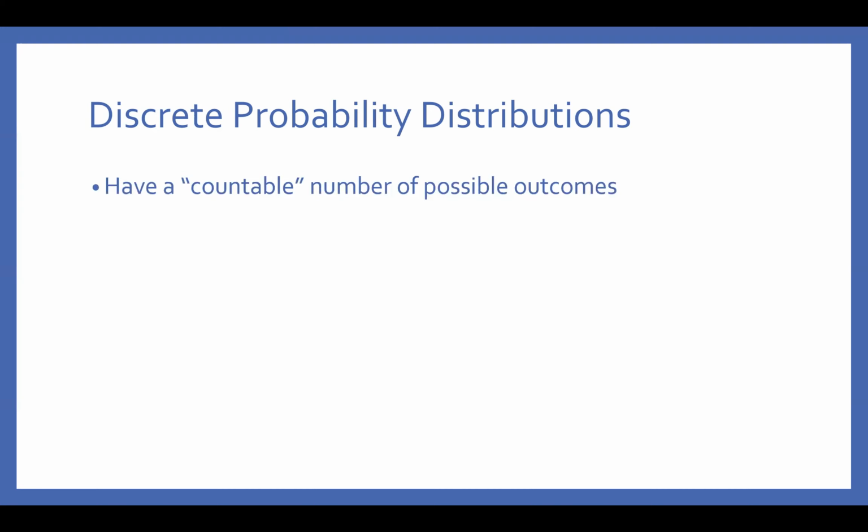So you have 2 possible outcomes. So you have a countable number of possible outcomes. Again, we can display them in a table or a graph. Usually for discrete, we display them more so as a table. We usually use graphs more so with continuous. So for discrete, it is primarily a table.